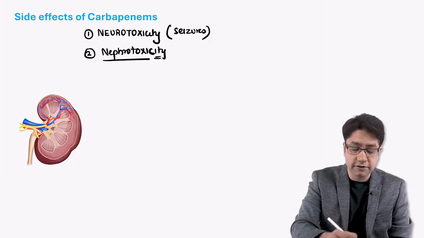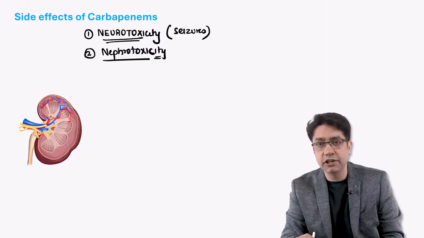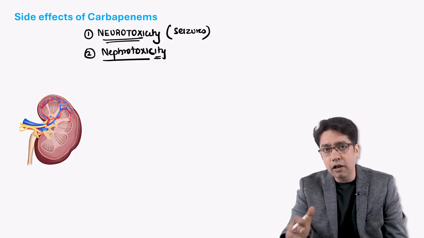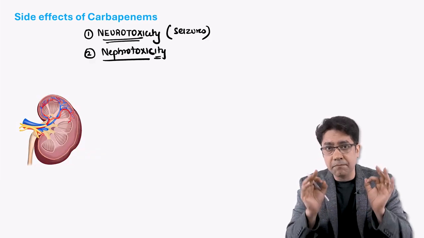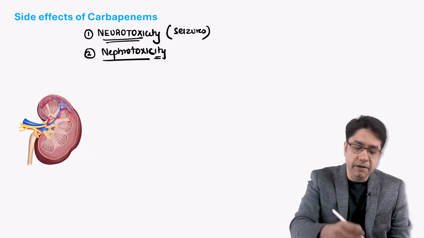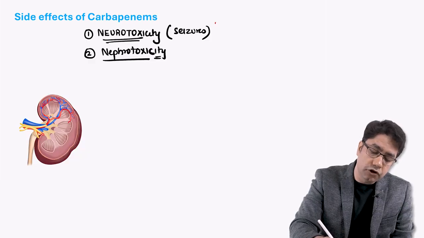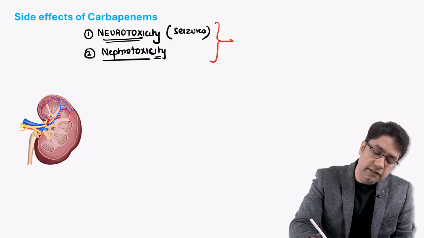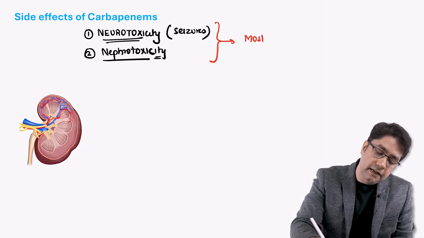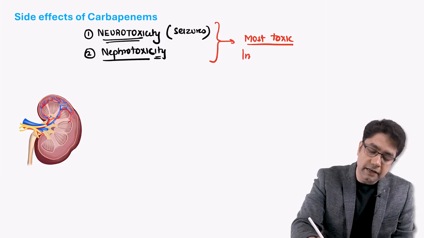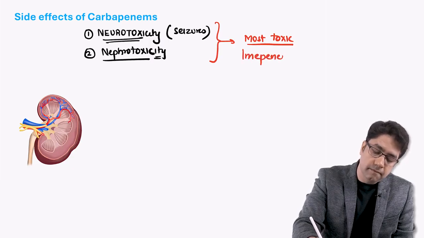Neurotoxicity and nephrotoxicity. One recent question came: among all carbapenems, which is the most toxic carbapenem? The first one is the most toxic. Most toxic carbapenem is imipenem.